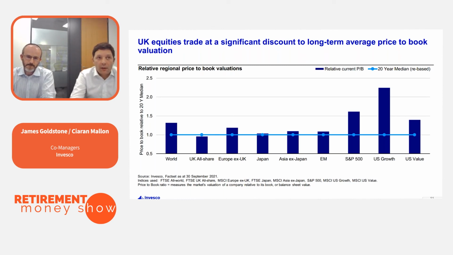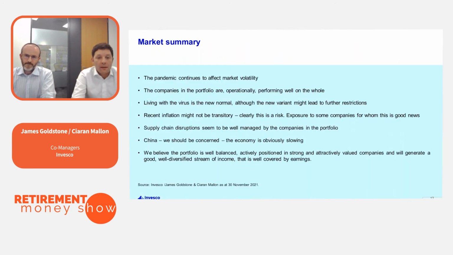And then just finally, on the last slide, we thought we probably shouldn't go all the way through a presentation without giving you some thoughts about the current environment. I'd say that we are suitably cautious around the pandemic. I think as we discovered last night, there are still risks, not least with government response to the pandemic, which can potentially have further impact on the economy and on the earnings of the companies that are in the UK market.